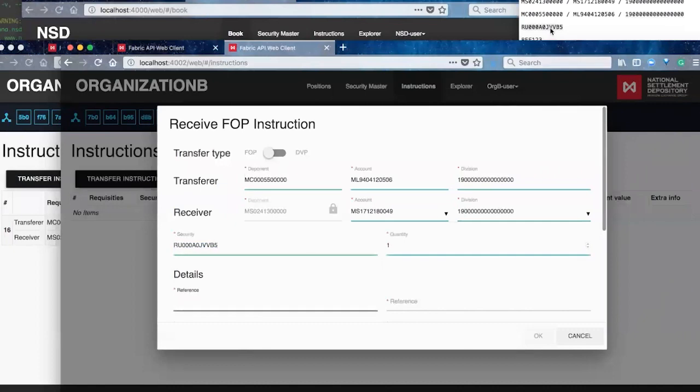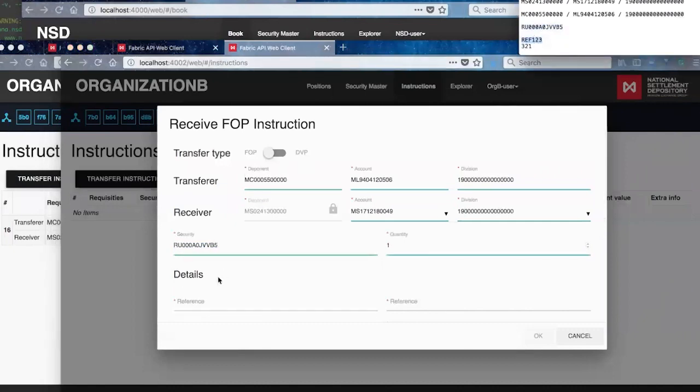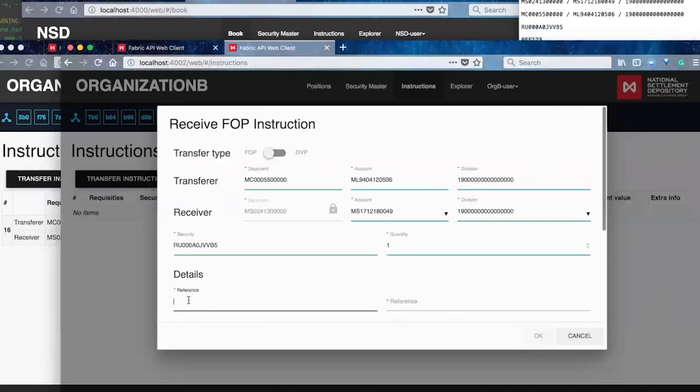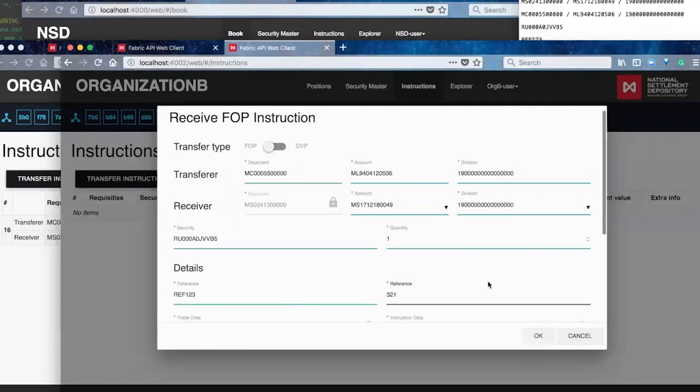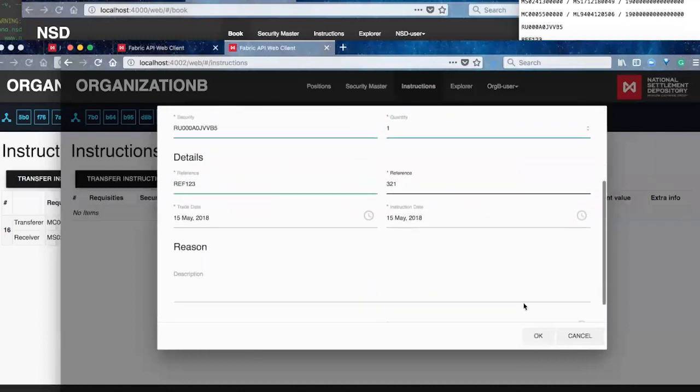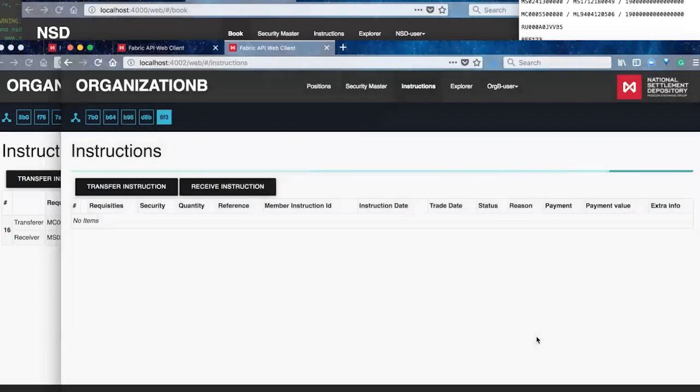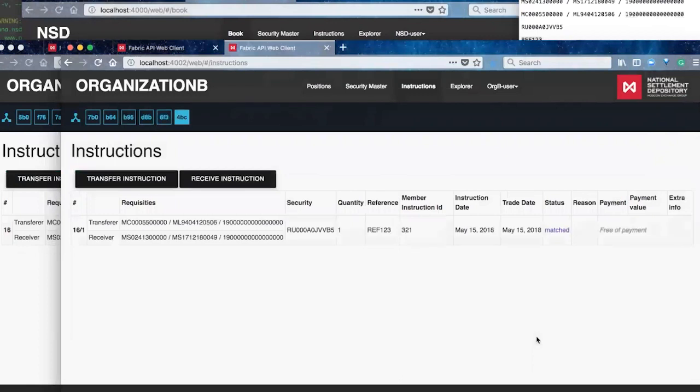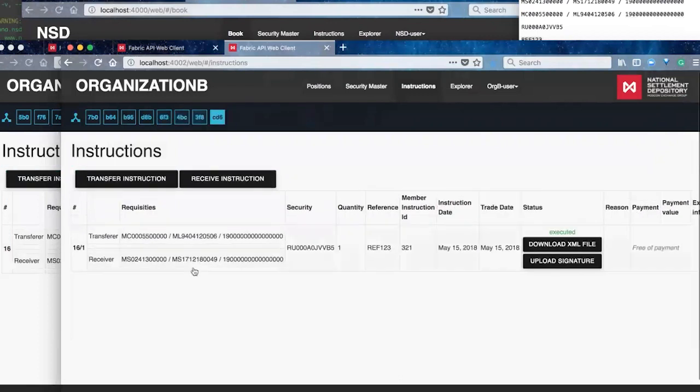It required specifying the security, and then the details. You can see reference is more or less just another layer of unique identifiers, a future proofing of the concept, just kind of a generic reference number employed.